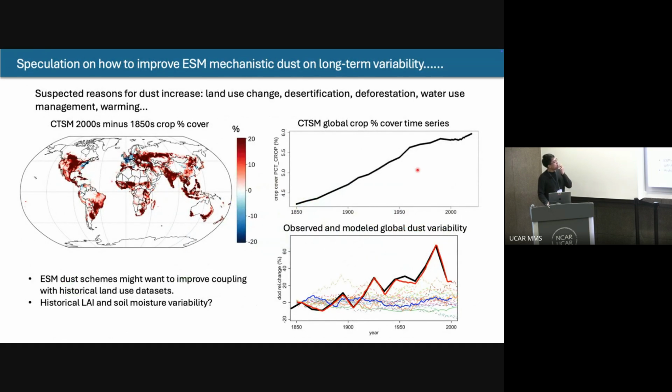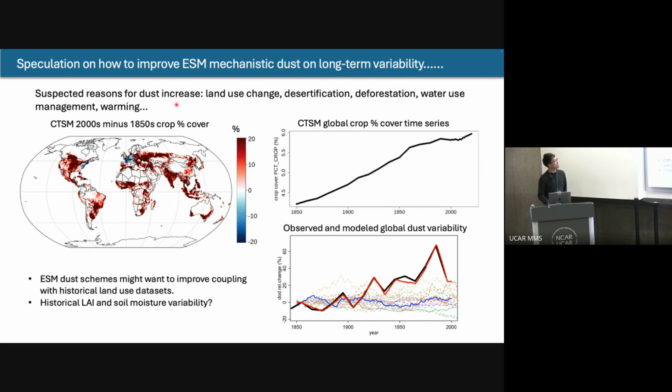Right. So the final thing that we are thinking about here, something that we can work on in the future direction, is how to improve the ESM mechanistic dust in terms of the long-term variability. So we are wondering why the blue line is not working very well. It does not show a flat increasing trend historically, but if you look at the land use data set and things like that, there should be some increase in the crop cover and a reduction in the natural vegetation.